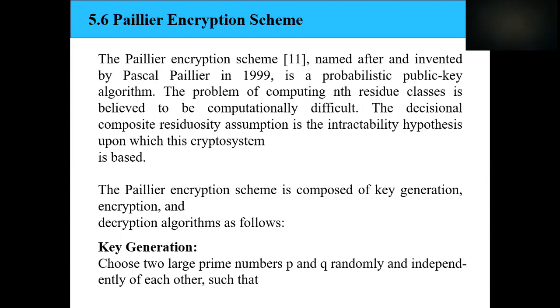Let us define the key generation algorithm. Since this is an integer factorization based algorithm, we take any two primes p and q, which are independent of each other, meaning they are different.